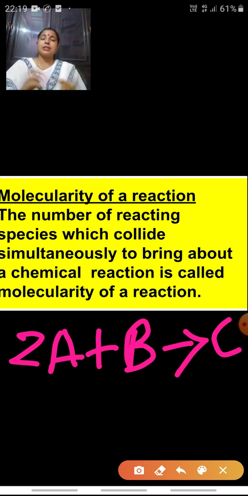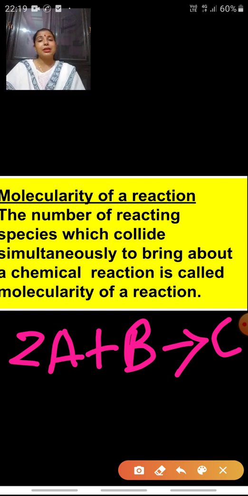So, it is called the molecularity of the reaction. So, how will you define molecularity? You can say that the number of reacting species which collide simultaneously at the same time to bring about a chemical reaction, that means the effective collision, is called the molecularity of a reaction.